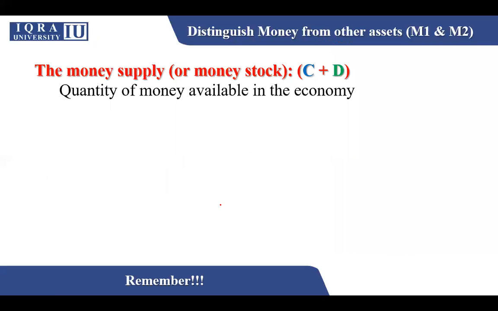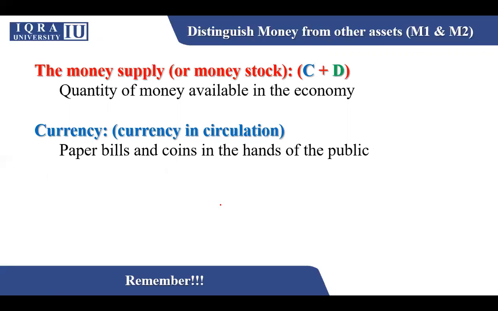Remember that money supply is a money stock, which is the quantity of money available in the economy. When we are saying quantity of money available in the economy, it means we are talking about currency in circulation, which includes paper bills and coins in the hands of the public. Remember this.